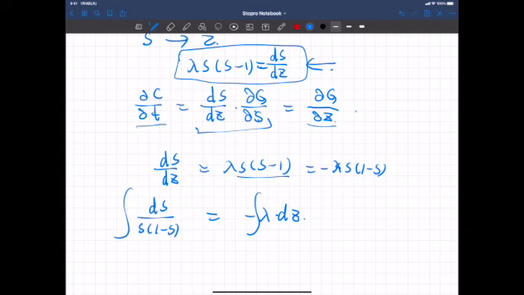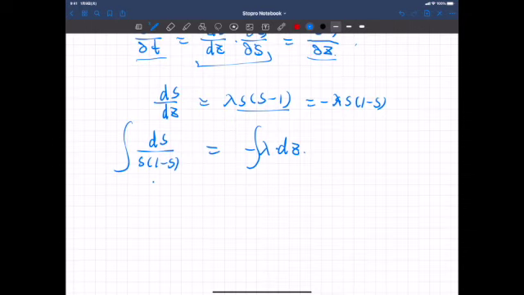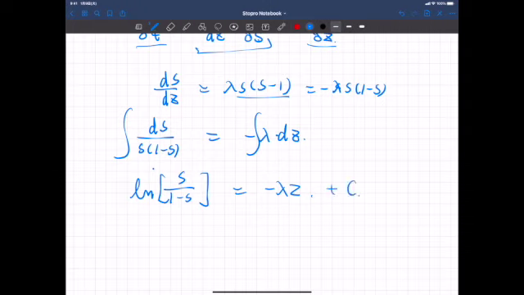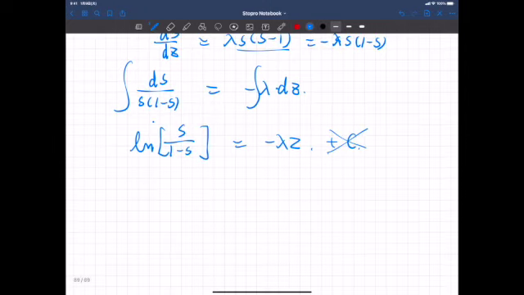So we integrate both sides, and you can use partial fractions, and this should be equal to the natural logarithm of s over 1 minus s, and minus lambda z. And we just set the constant to 0. So if you solve this for s, then it is equal to 1 over 1 plus exponential lambda z.